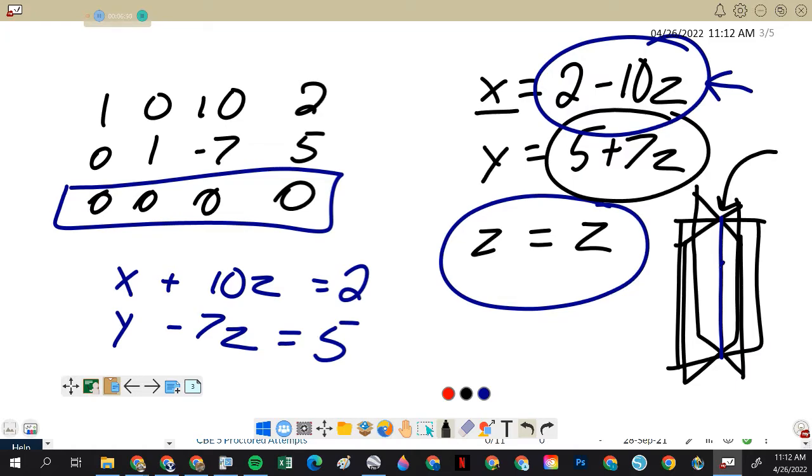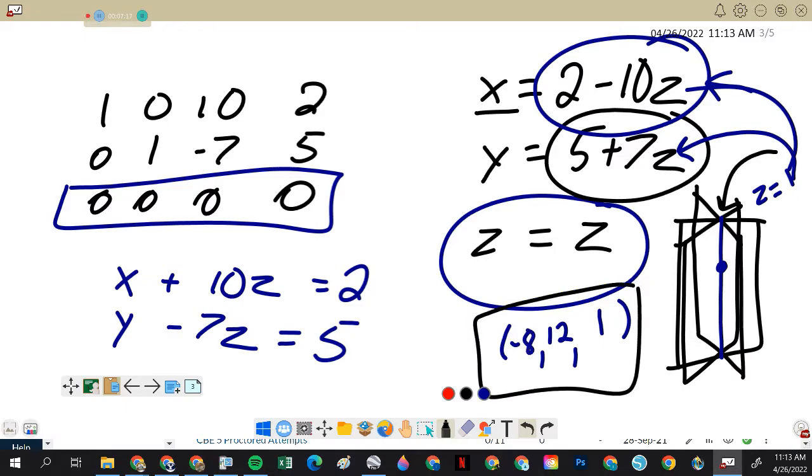So this point right here, if z equals, say, something easy like 1. If z equals 1, then where is the intersection? So we put 1 in for z, and then we plug 1 in there. 5 plus 7 is 12, so y is 12. And then we plug 1 in there. 2 minus 10 is negative 8. So that point lies on that line.